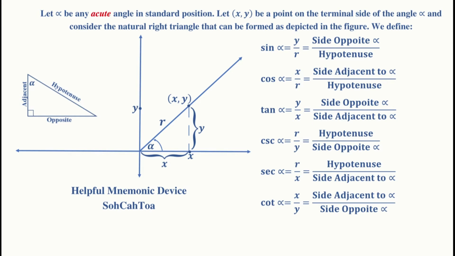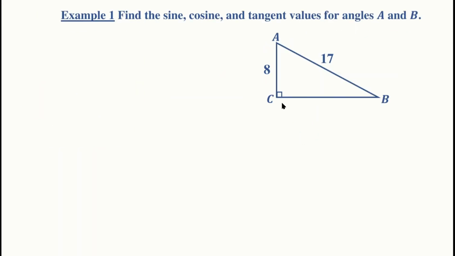Okay, so here we have a right triangle, and we're going to find the sine, cosine, and tangent values for angles A and B. So for this angle and this angle. So the first thing we'll go ahead and do is find the length of this missing side, right?